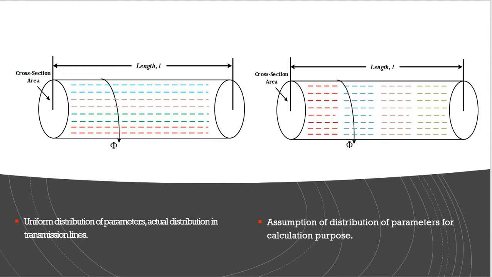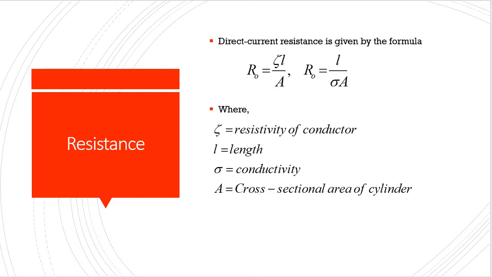Therefore considering this fact, we can say that the value of resistance can be given by the formula R is equal to rho L over A, or R naught, that is DC resistance, can also be given by the formula L over sigma A, right, where rho represents the resistivity of the conductor.